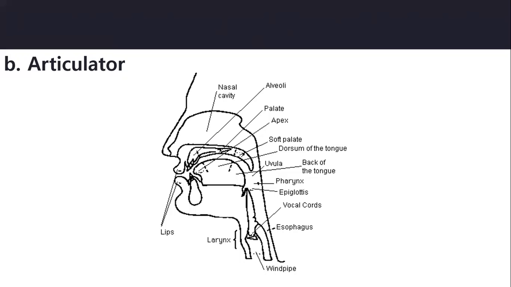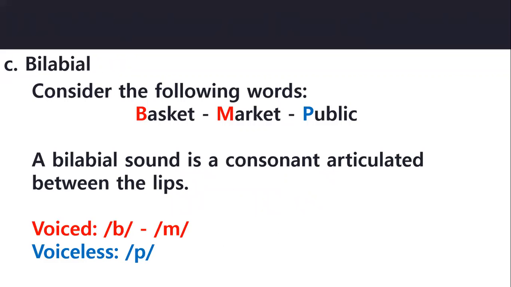Now to go in detail for the place of articulation, starting with bilabial. Consider the following words: basket, market, public.